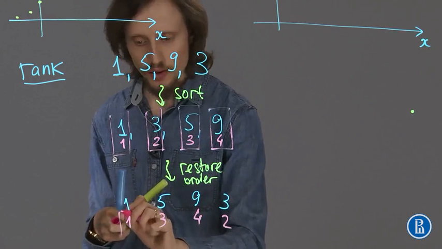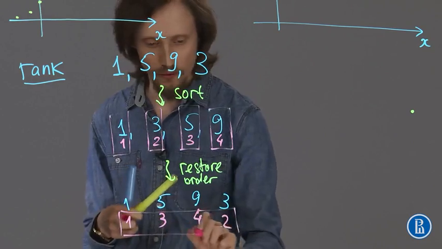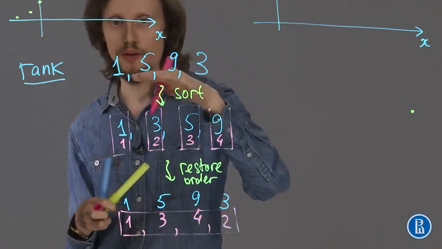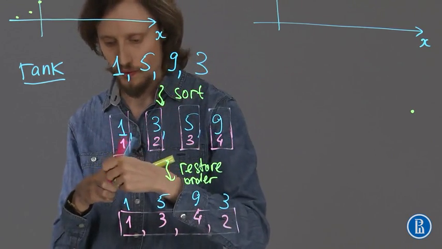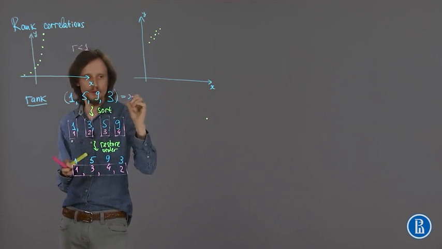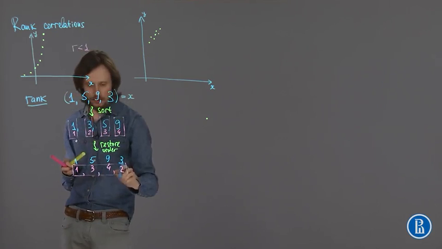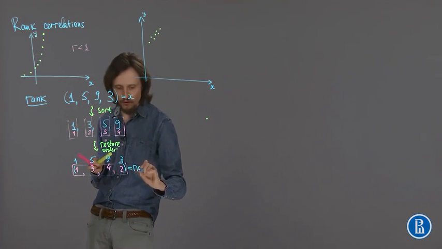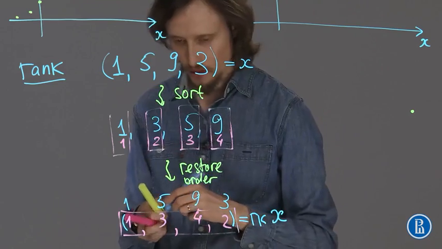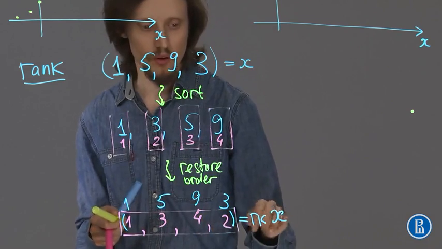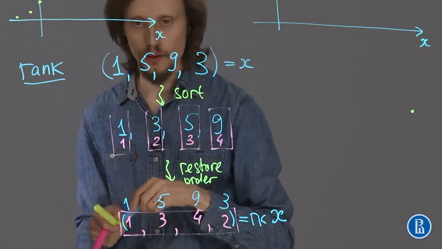Then this sequence of numbers is called sequence of ranks of my original numbers. So if I denote this sequence by x, then this sequence is rank of x. So this is the result of rank transformation of sequence x.